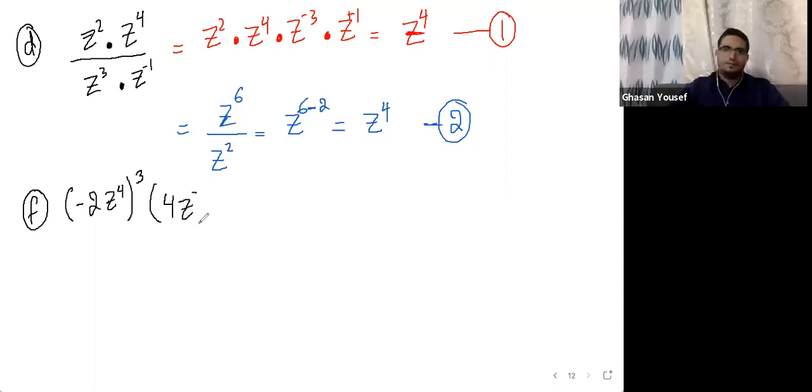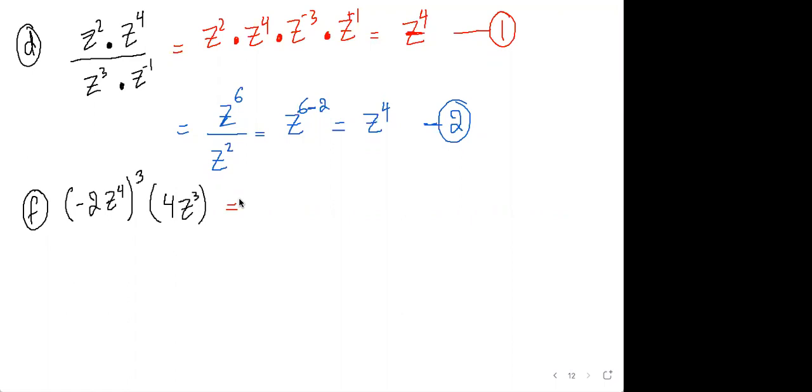Who will do this? First, again, we have to distribute the 3 inside the parentheses.